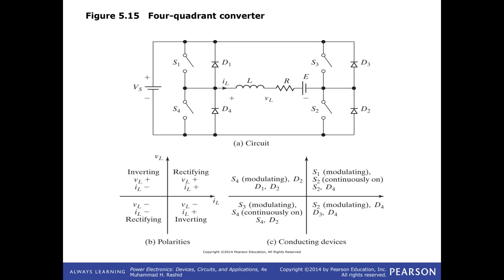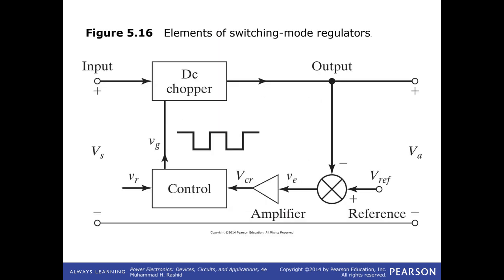I think it's enough. So how could you control your chopper? You remember we produce a trapezoidal waveform. So we measure the output voltage. If we compare it with the reference, what we wish, the difference between the reference and the actual output is the error.